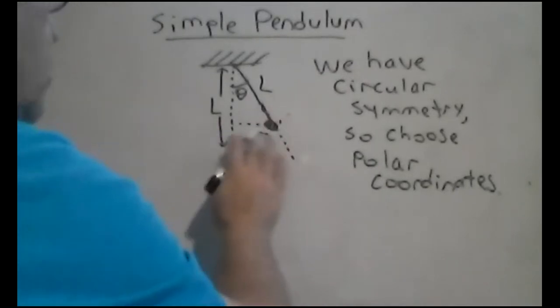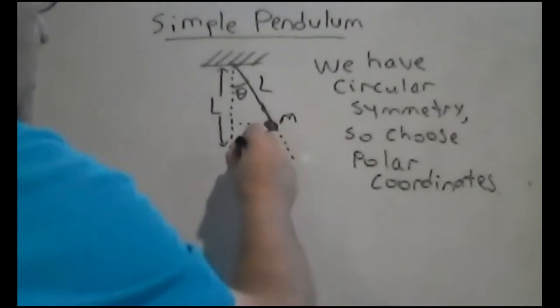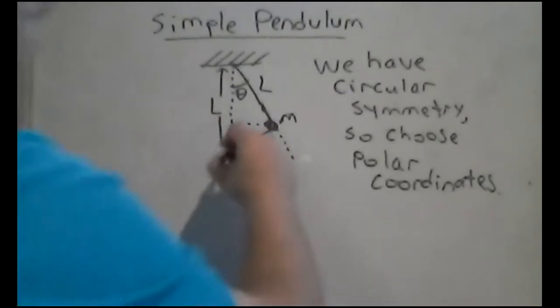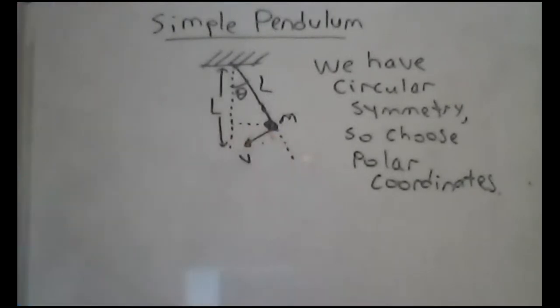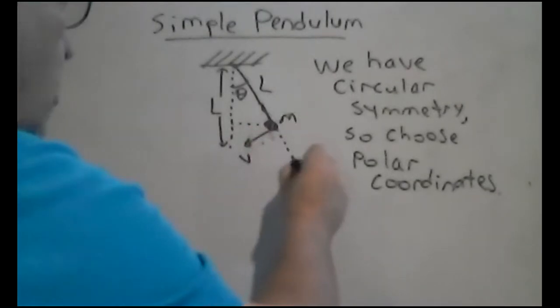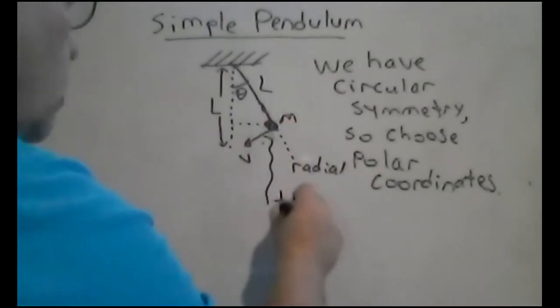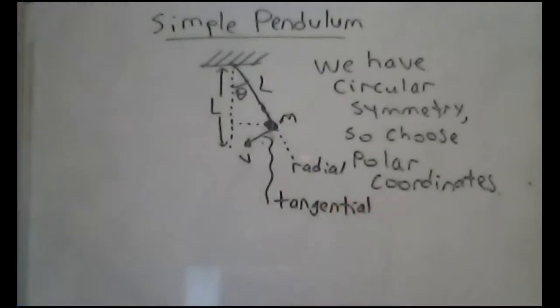The tangential, on the other hand, is at 90 degrees. That's where the velocity is going to be. The orbital velocity is along the tangential. This is the radial coordinate, and this is the tangential coordinate. The tangential coordinate is the one we're concerned about.